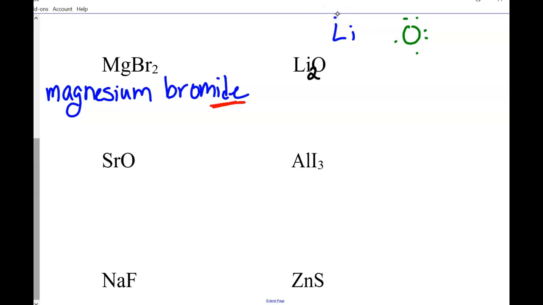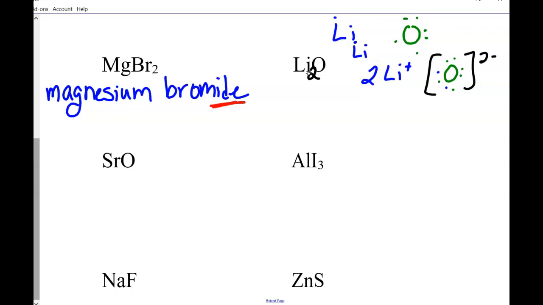So you're going to need 2 lithiums with 1 valence electron each, in order to balance out the charge and make lithium oxide, which we know would be Li+. I can put a 2 out front here, and we'd end up with an oxide ion with a charge of 2-. So I know I'm going to need 2 lithiums for every 1 oxygen here.